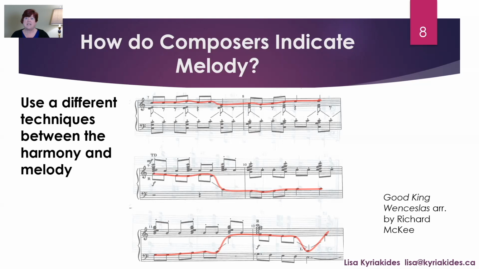In this case, the melody is completely rung, no matter what clef it's in, but everything else that happens in most of these measures is thumb damped. So there's a big difference between how we're going to hear that melody rung and how we're going to hear the harmony, all thumb damped. So Richard McKee is using different techniques to highlight that melody.